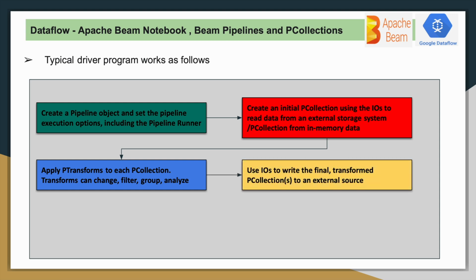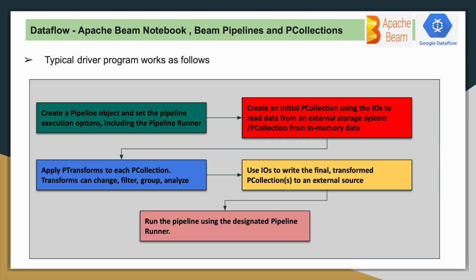Then we'll write the transformed data into an external file, database, or data warehouse like BigQuery. We can write files to a GCS bucket as well. For that we'll use Apache Beam IO connectors. While reading data also we'll use Apache Beam IO connectors, and while writing data also we'll use Apache Beam IO connectors.